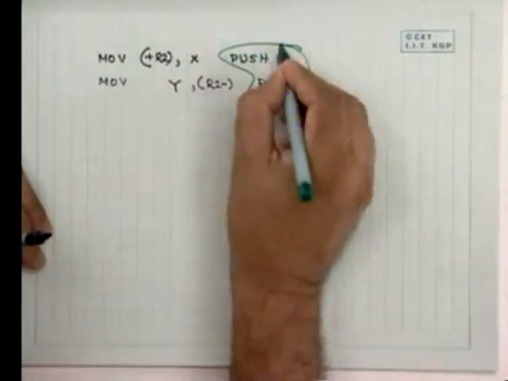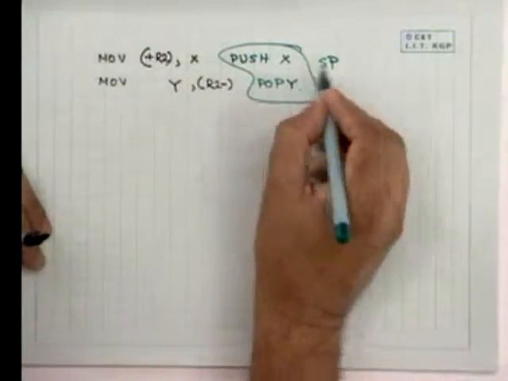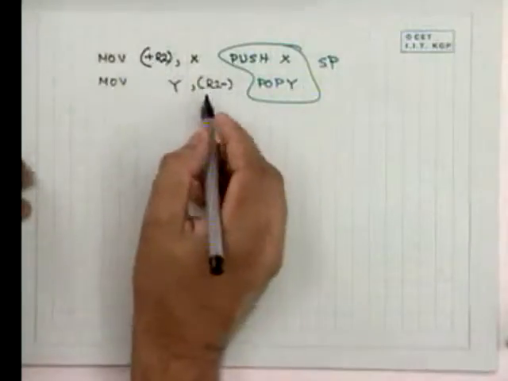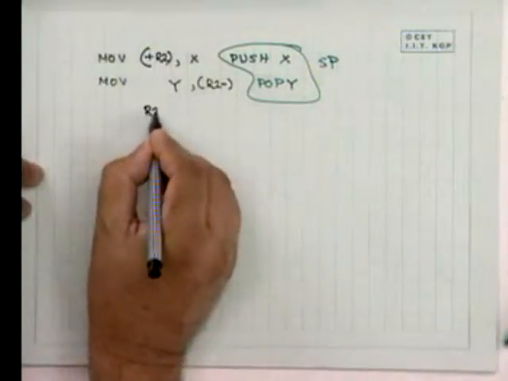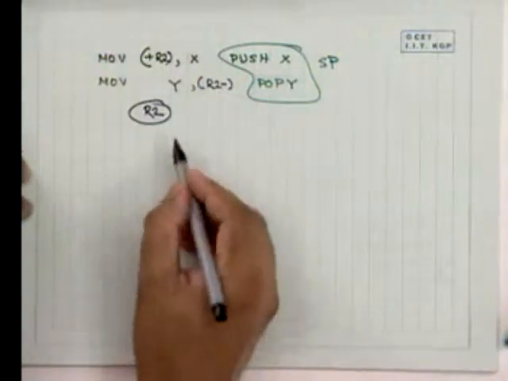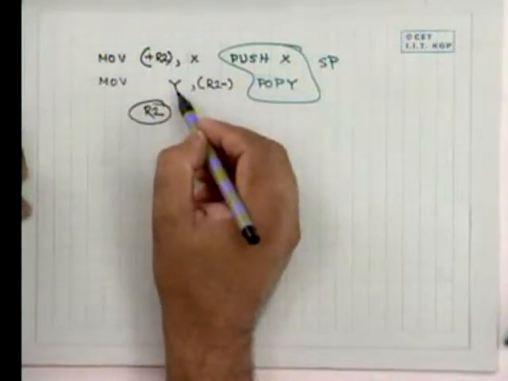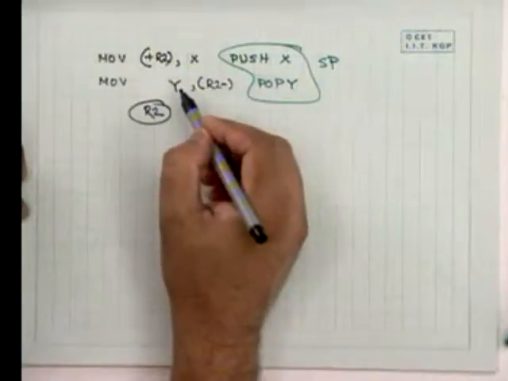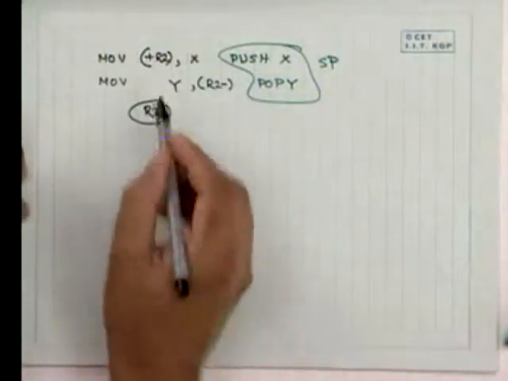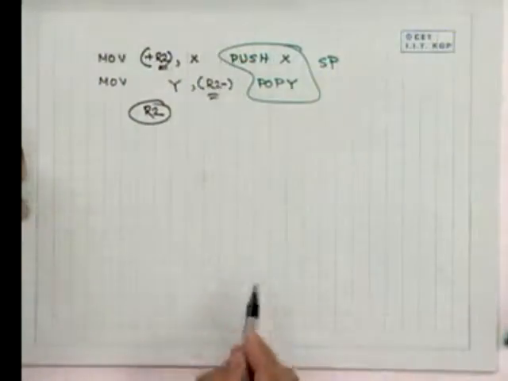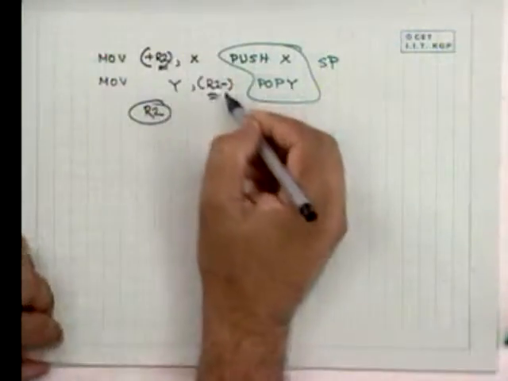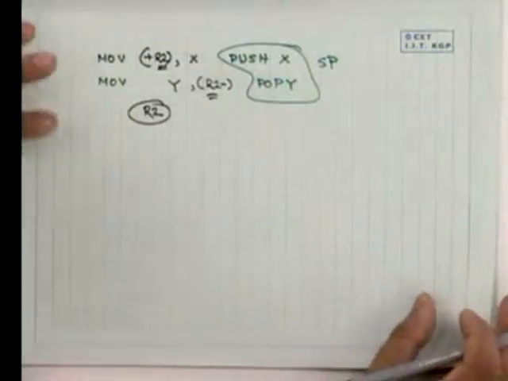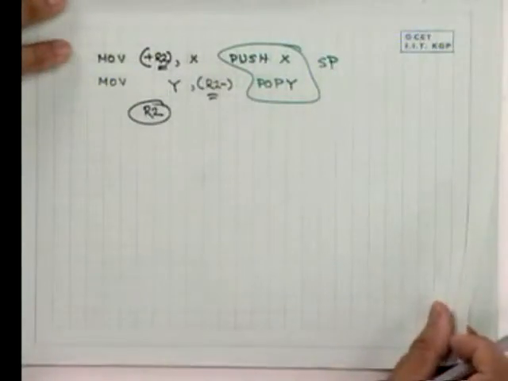Here the system is using the stack pointer, and there the user is specifying R2 as if as a stack pointer. Therefore, with this addressing mode, the user can have as many stacks as he wishes to define in his program and can use any of the registers like R2, R1, etc. This is register indirect addressing.